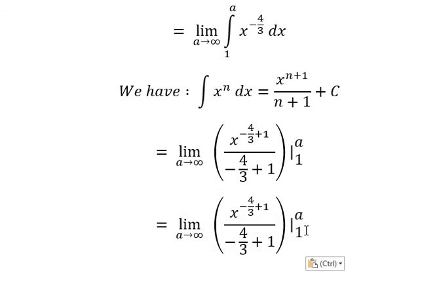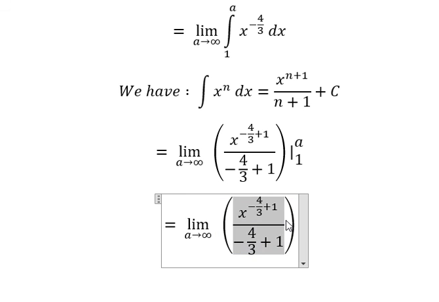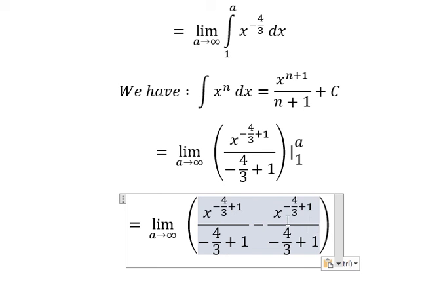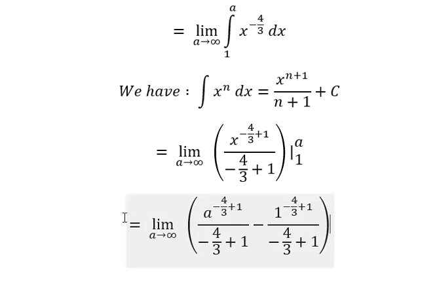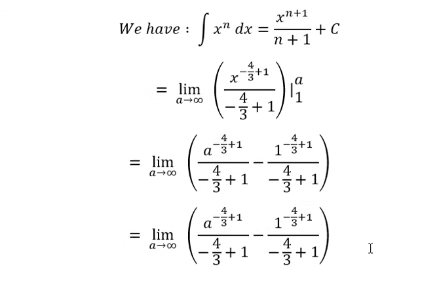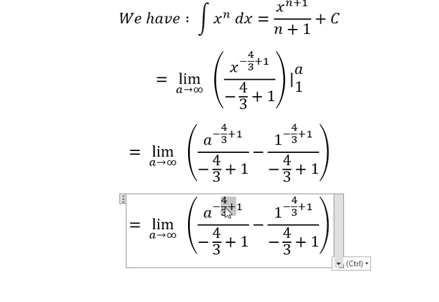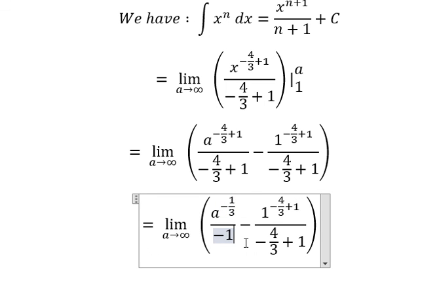So we put a and 1 in here. So this one we have negative 1 over 3. This one we have negative 1 over 3.